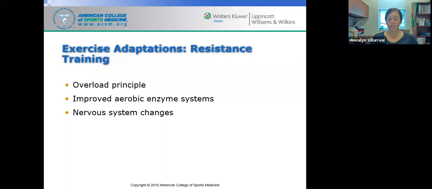Okay. Resistance training adaptations also improve aerobic enzyme systems. The increases have been reported in resistance training. We also see part of strength gain is also associated with the nervous system changes, and usually those are found in the early stages of training.